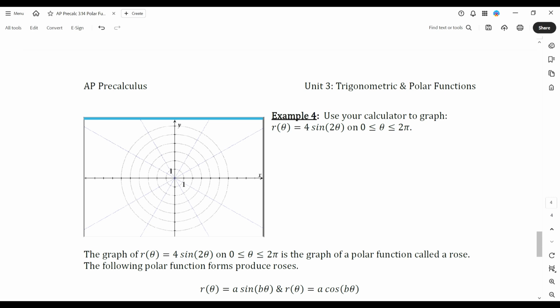Because of the dilation, that 90 degrees gets cut in half. So sine graphs are just a rotation of the cosine graphs, or the other way around. So these are going to look like this.